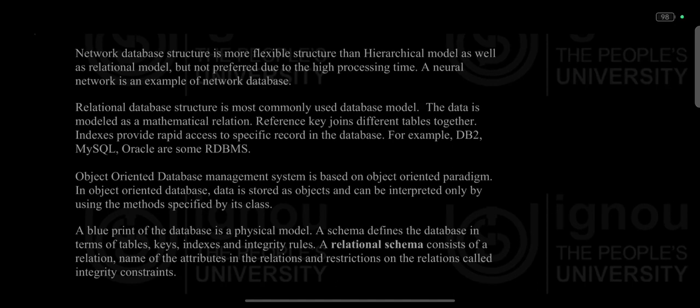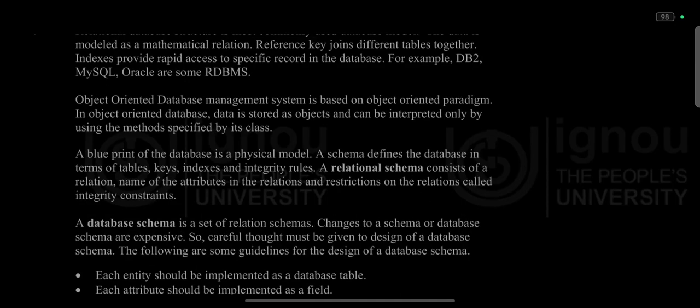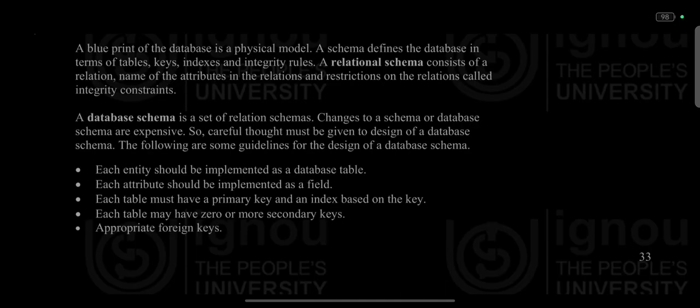A relational schema consists of a relation, name of the attributes in the relations, and restrictions on the relations called integrity constraints. A database schema is a set of relation schemas. Changes to a database schema are expensive. So, careful thought must be given to design of a database schema.